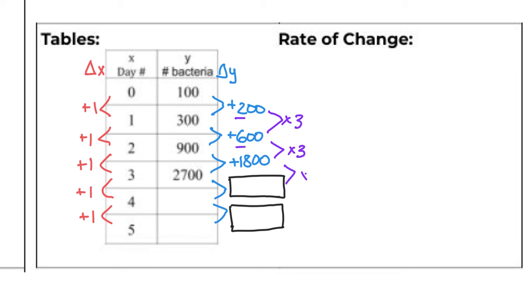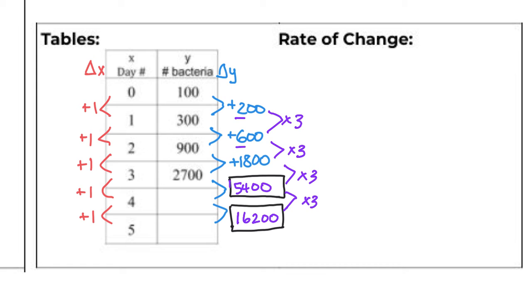So pretty confident that that is our factor, and we know that that should be what these two other values are. Now I can fill those in because 1800 times 3 is going to give me 5400. And then if I take that 5400 and multiply by 3, gives me 16,200.